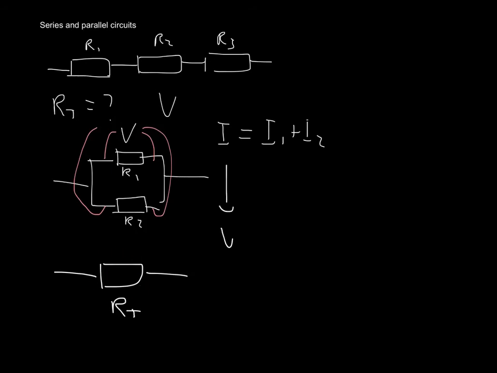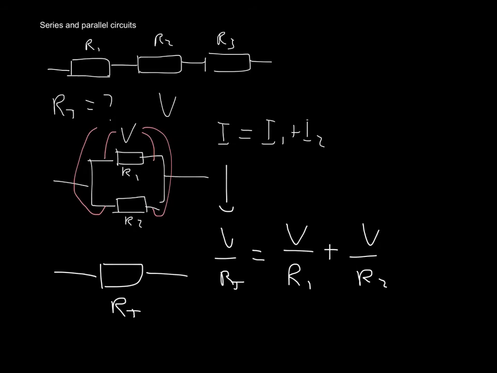So V over the total resistance will be equal to, now I1 is going to be V over the first resistance, right? Because current is V over R. So V over R1. And of course, by the same reasoning, I2 is going to be V over R2. So V over R2.